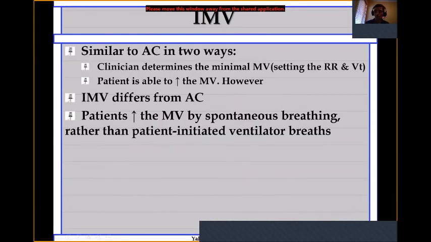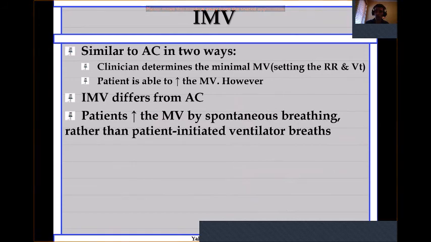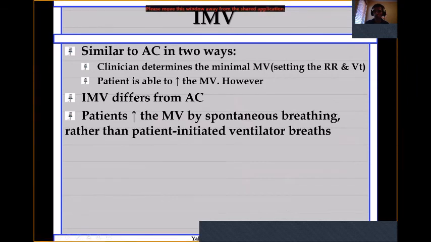Now the IMV, intermittent mandatory ventilation. It's similar to assisted control in two ways. The clinician also determines the minimal minute ventilation by setting the respiratory rate and tidal volume, but patients are able to increase the minute ventilation. However, intermittent mandatory ventilation differs from assisted control in that there will be a spontaneous breath.